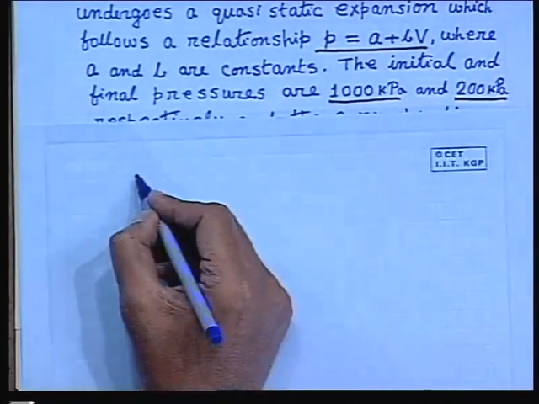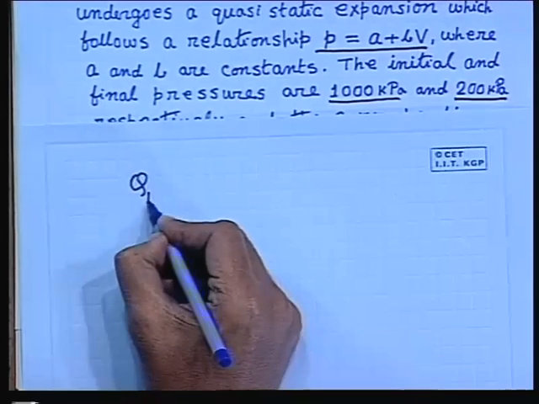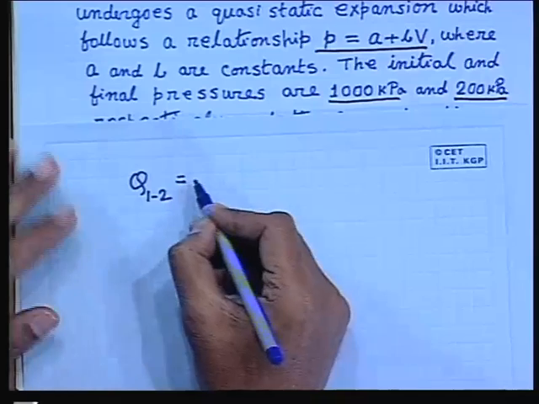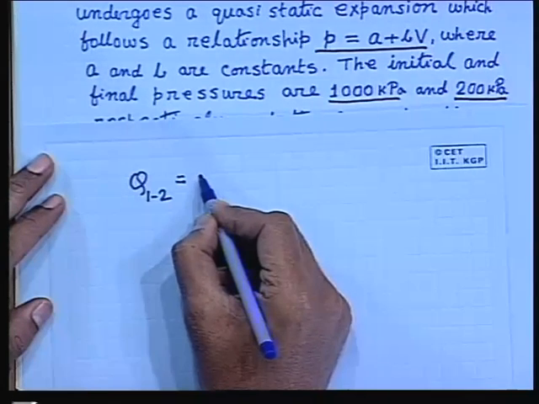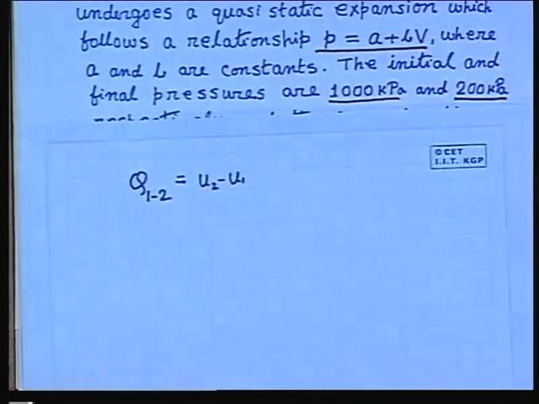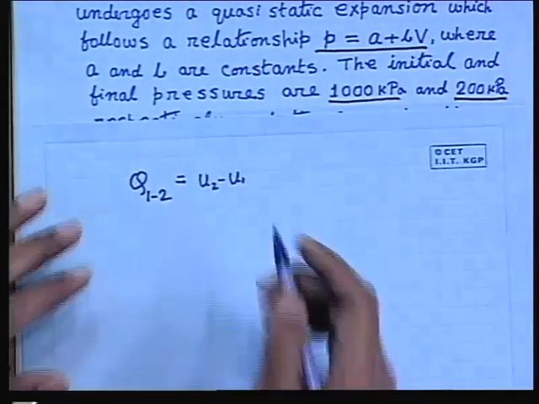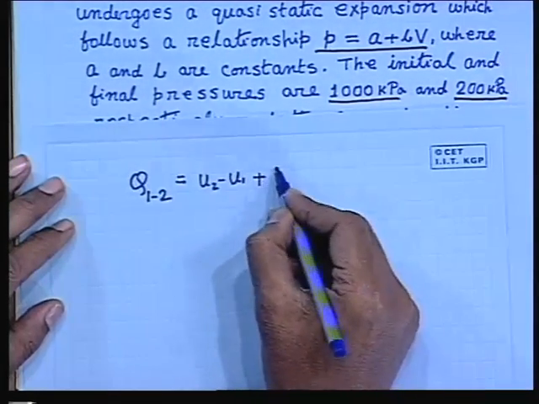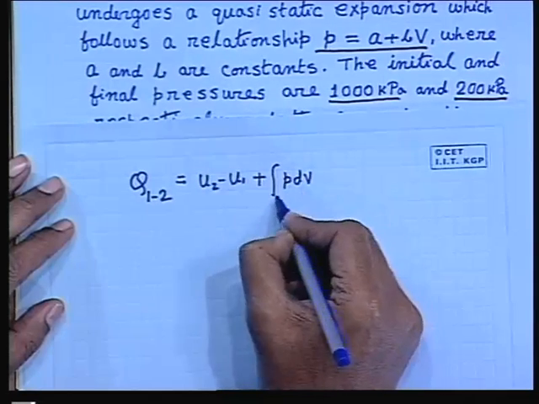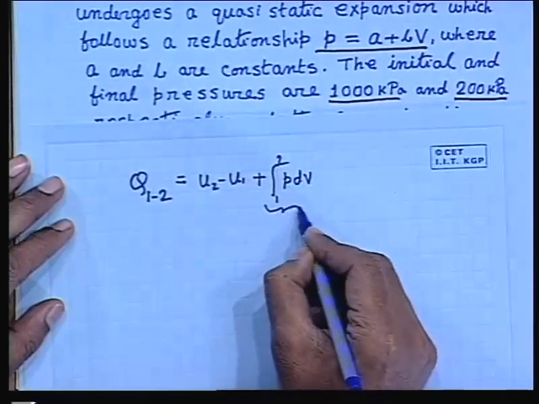Q12, let 1 and 2 be the initial and final state points, is equal to U2 minus U1 plus the integral of P dV, that is the work transfer W12.